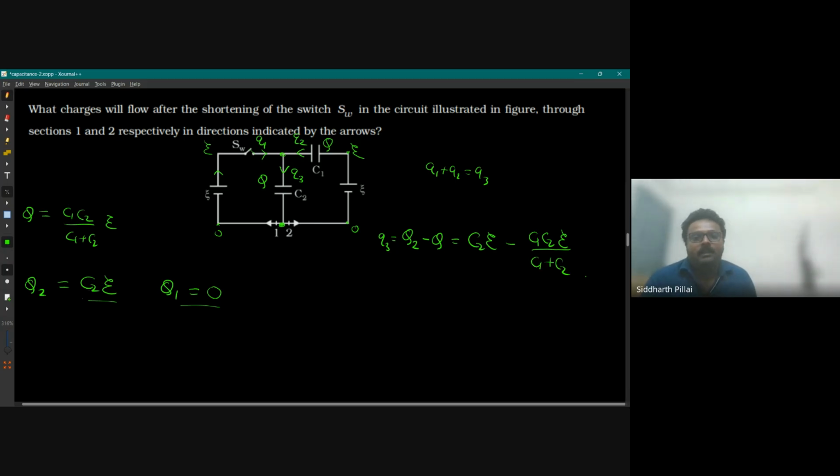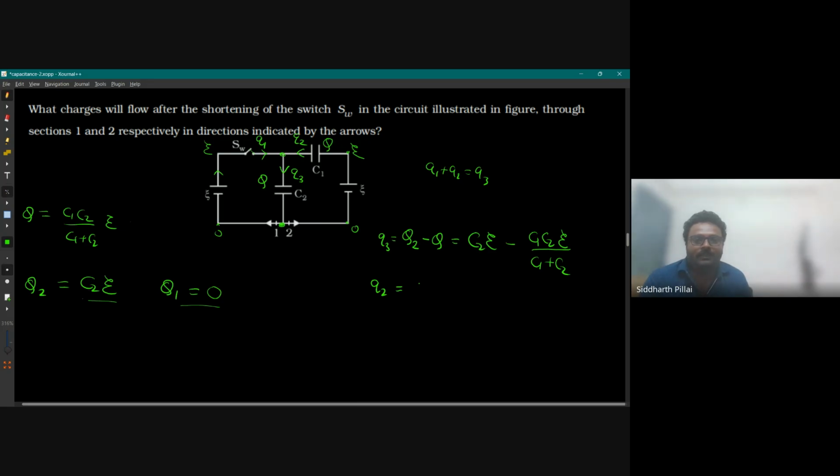Okay. Now, let's look at Q2. What is Q2? Same thing. C1 initially had charge Q, which is given by this, and finally it has charge 0. Is it correct? So what is Q2?